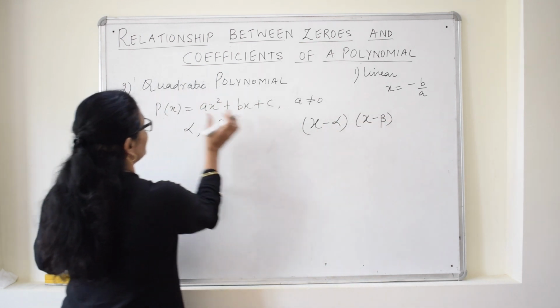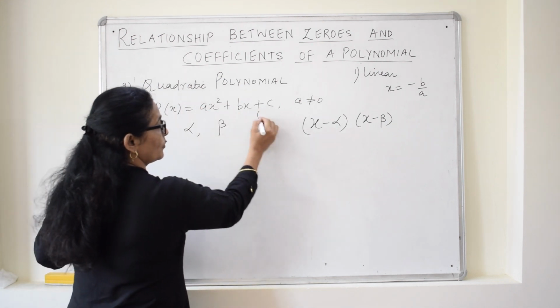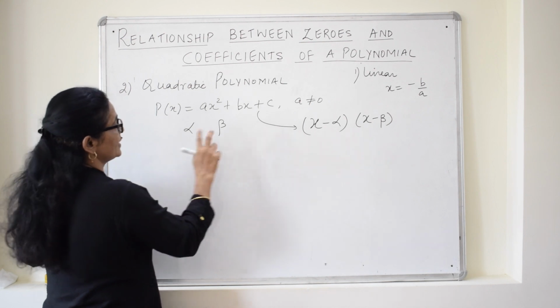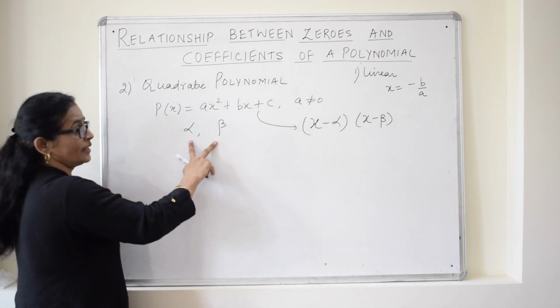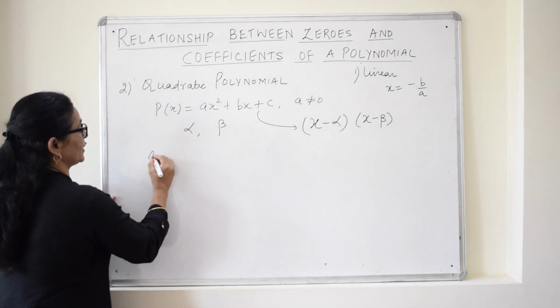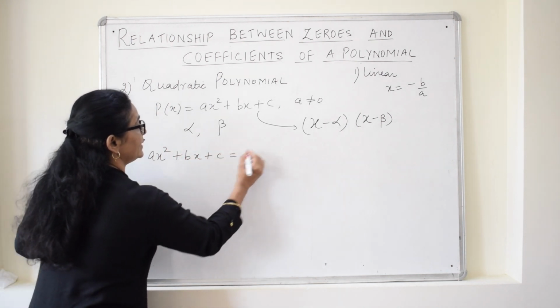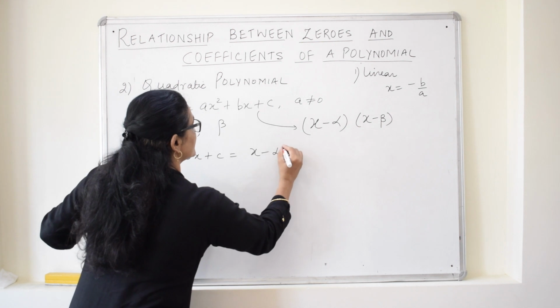So this polynomial can be written in the form of its factors, and since it is quadratic, there are 2 factors. With the help of these 2 zeros, we are writing the quadratic polynomial in the form of its zeros.